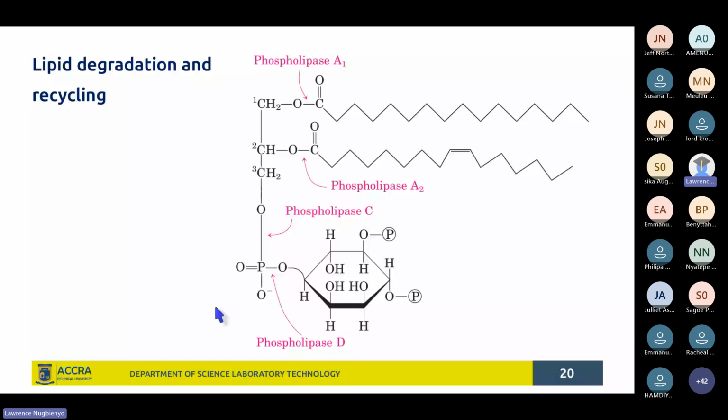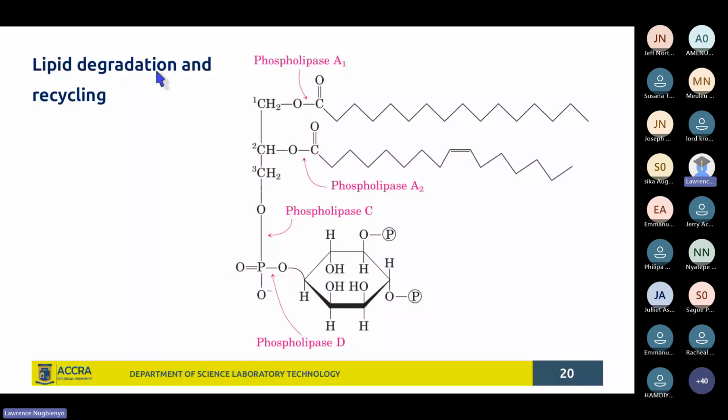So one of the things we didn't see was that even though we did talk about lipid metabolism last semester, in addition to all the other metabolic processes that we saw, we have these membrane lipids also undergoing some degradation and going through a process of recycling.